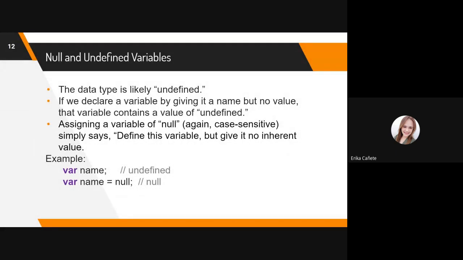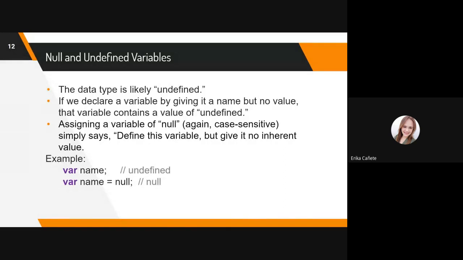Then for our null and undefined variables, the data type is undefined if we declare a variable by giving it a name but no value. That variable contains a value of undefined. Assigning a variable null simply says define this variable but give it no inherent value.